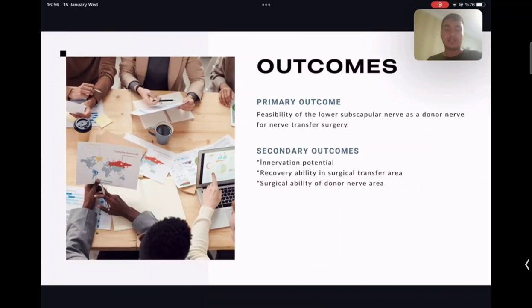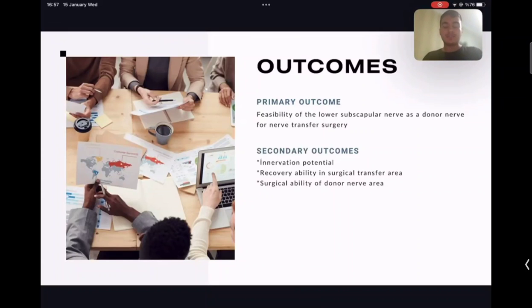You can think that it is a plastic surgery field, but we introduce our study in the anatomical part and also in the surgical part, of course. And we want to see the feasibility of this nerve and how we can use this in the surgery field in the future, of course.